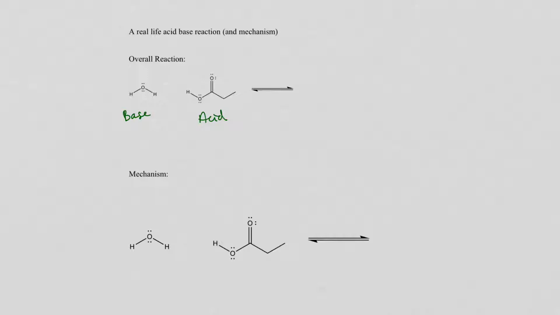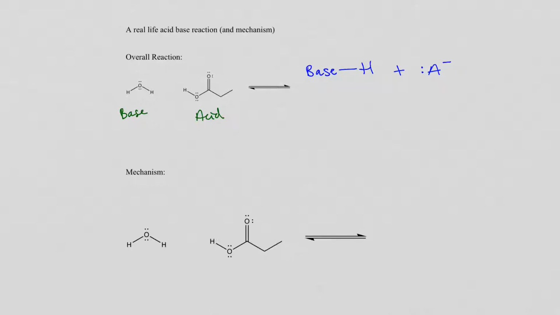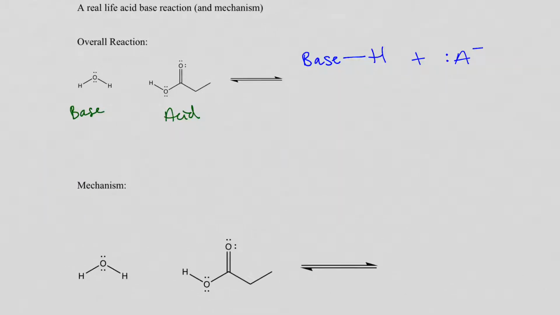So remember, it's going to be base with another hydrogen plus the negative R group of the acid. So now we can draw that. So we're going to draw our water. Sorry, we'll leave that on the screen here.